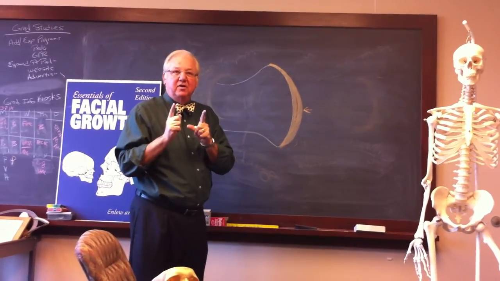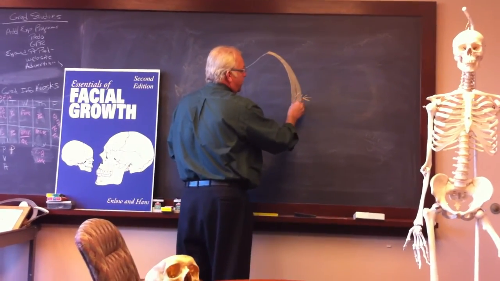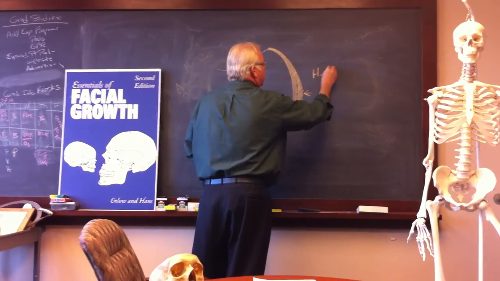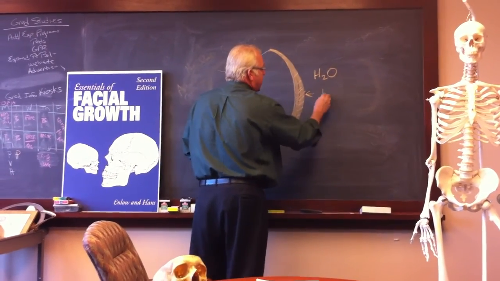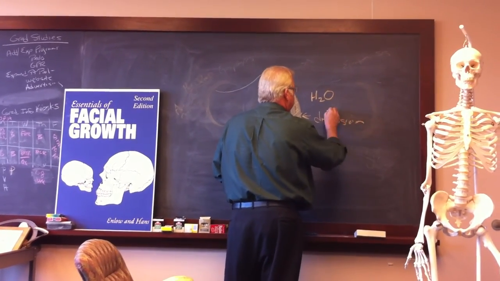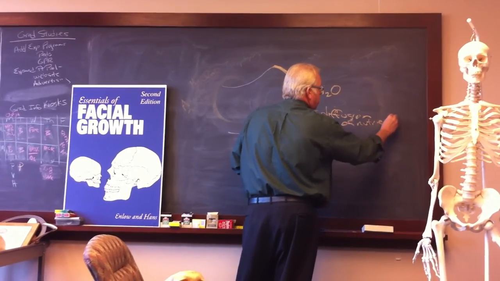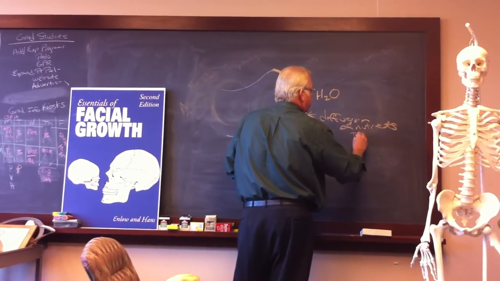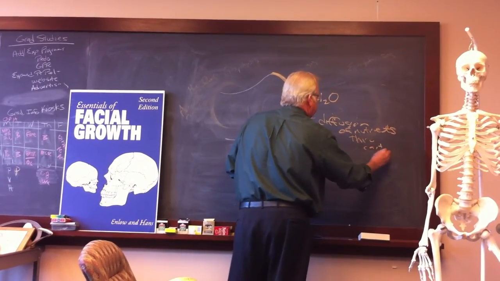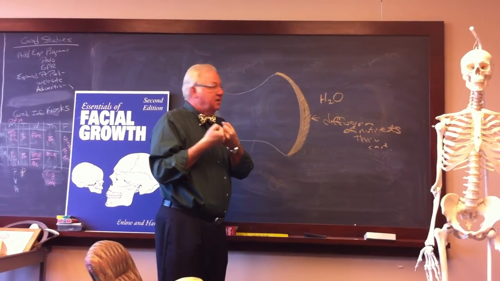Well, it's very simple. Articular cartilage, first of all, has a lot of fibrous tissue and a lot of water, and we can get diffusion of nutrients through the cartilage because it's not ossified.